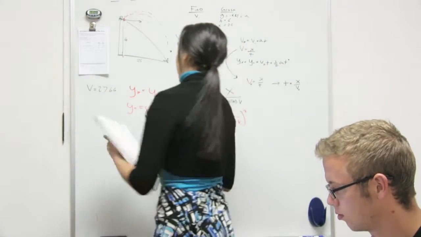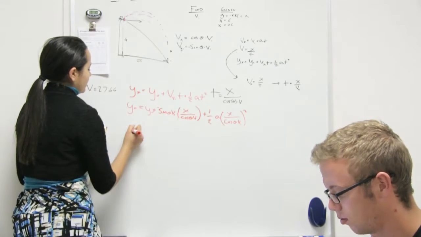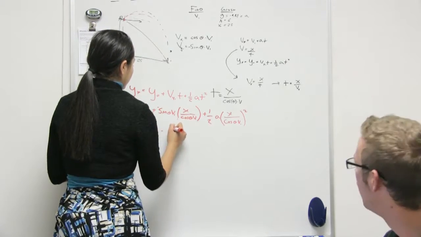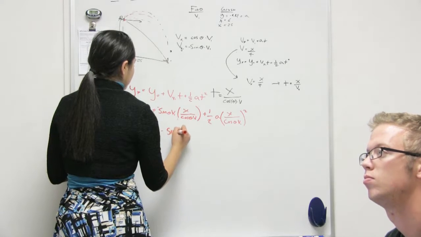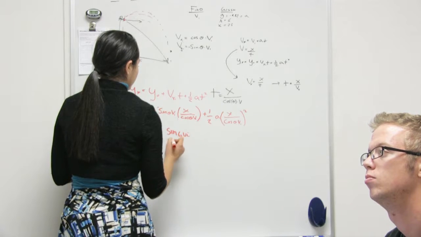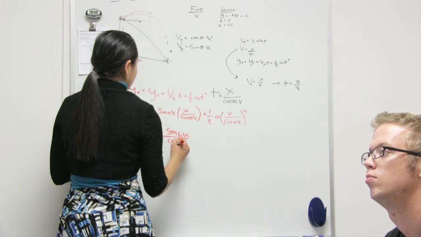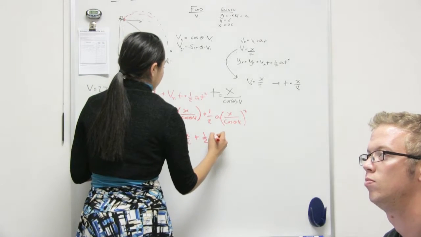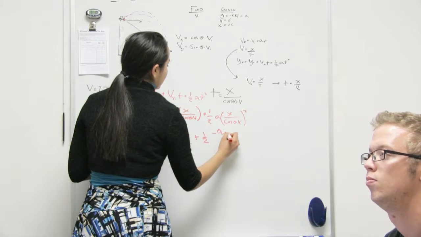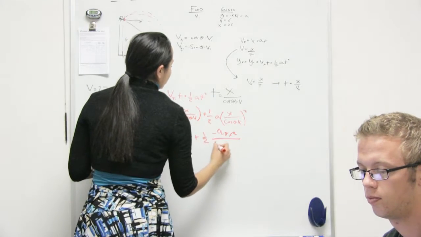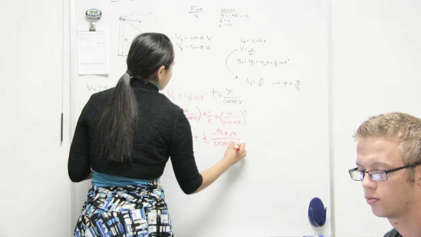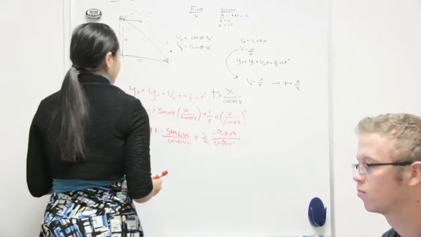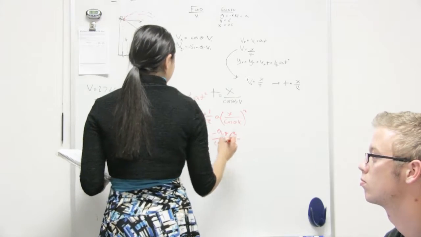So I was able to plug it in, and I had 4 plus the negative sine of theta velocity initial over cosine of theta velocity initial plus 1/2 times negative 9.8 x squared all over cosine theta velocity initial squared. And the V is squared at the bottom as well.